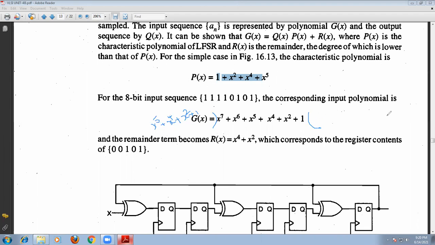Now, dividing g of x by p of x, follow the method in this case. First you write in terms of x square. The first term of the equation is x square. So what happens now? X square into x to the power 5 is x to the power 7.